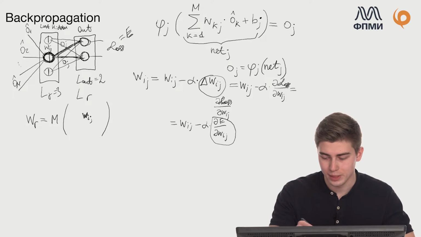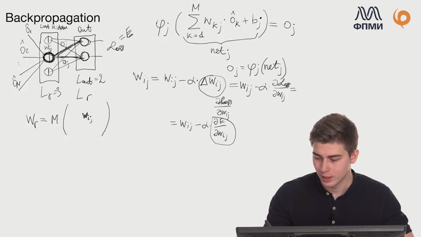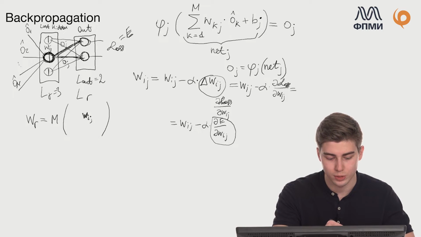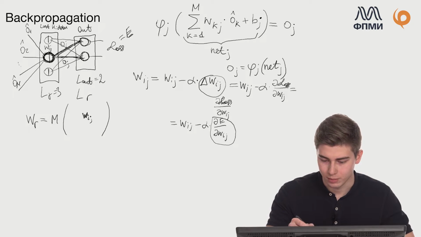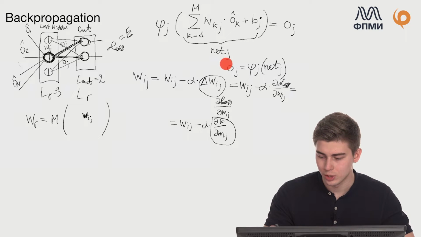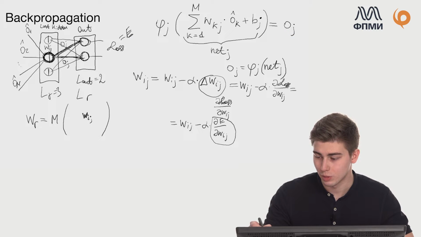The loss function depends on the O_j, and O_j depends on net_j through the phi_j, so through the activation function of this layer. Here we have phi_j, we have net_j and O_j. Loss depends on the O_j, and net_j depends on w_ij.